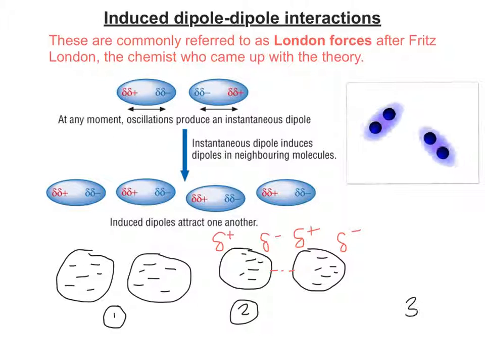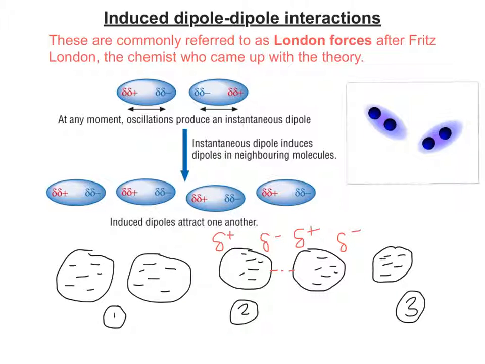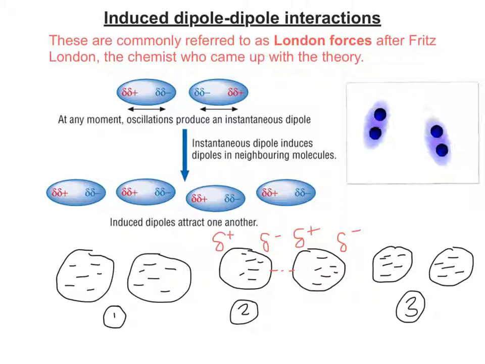So finally, if the electrons start to drift back to their original positions, like so, the attraction now breaks, because there's no dipole across the atoms.